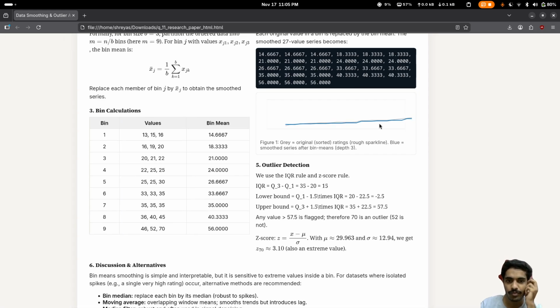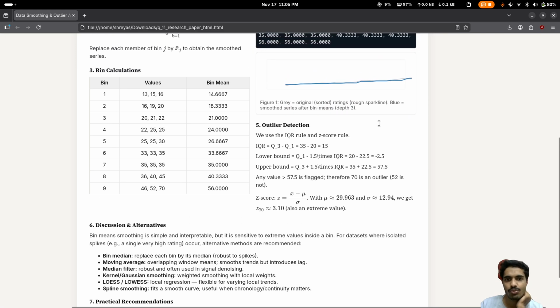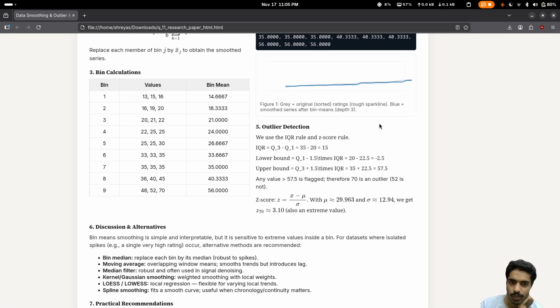Another sub-question was to detect the outliers. In question 2 we discussed one of the methods, which was IQR, the interquartile range. It gives you a range: if the value lies between those bounds, it is a good value. If not, it is an outlier.